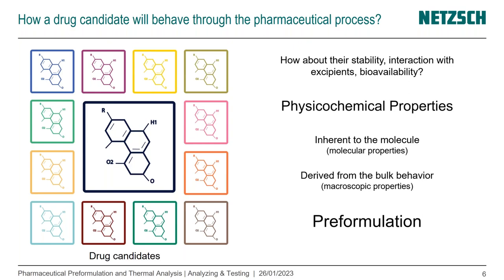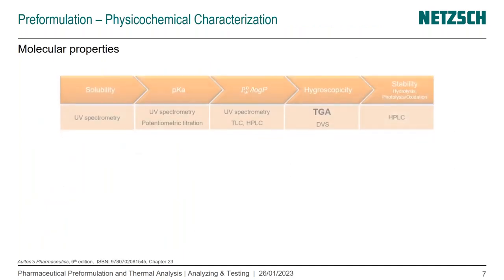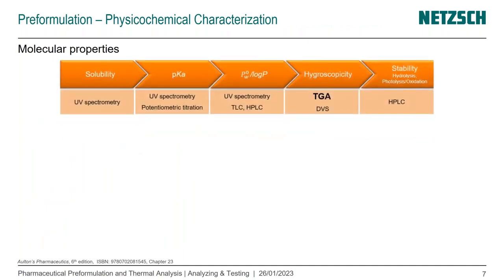These properties can be split into two different categories, the molecular and the macroscopic properties. The preformulation is the step in the drug product development where the physical-chemical properties of a new chemical entity are determined. And we see here the different molecular properties: solubility, pKa, partition, log P, hygroscopicity, and stability.